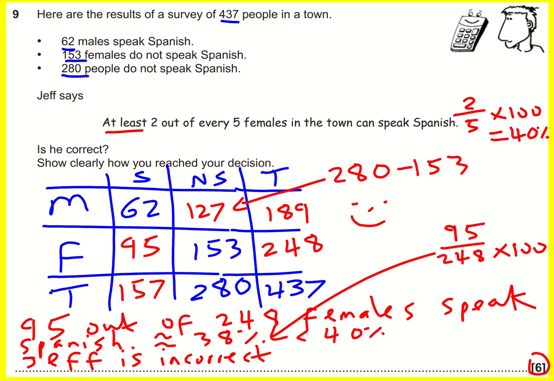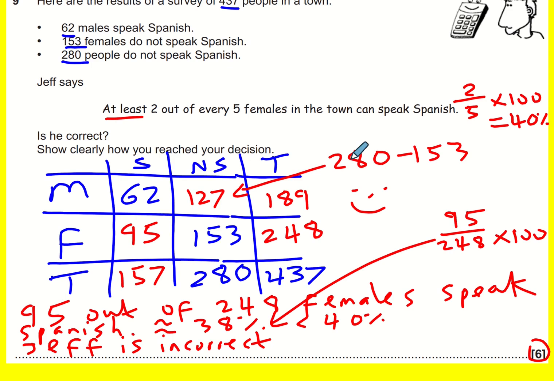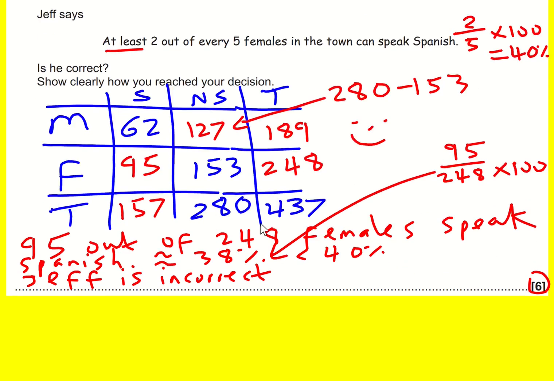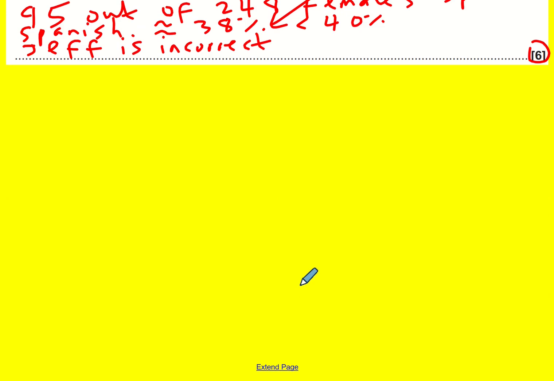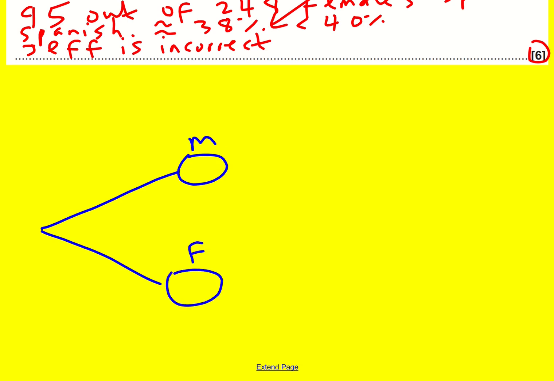Okay, a nice approach to that problem. Just going to talk about one other way you might have done it, and that is to use a frequency tree. It's a bit like a tree diagram. Basically have branches, and we're going to have males and females, and then we're going to split it up into can speak Spanish or cannot speak Spanish.